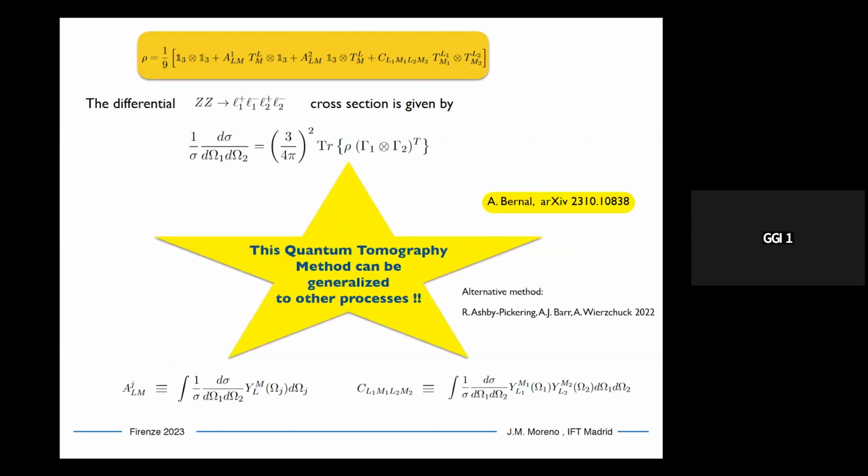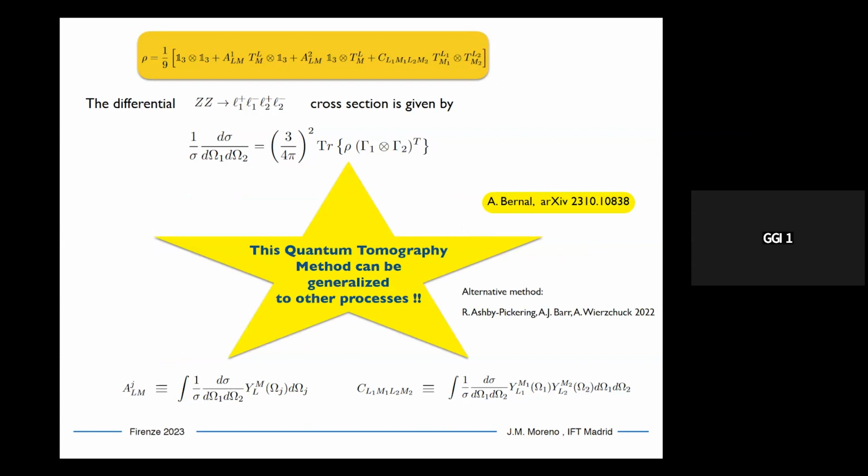In fact, this method could be very easily generalized. When I say generalized, I mean that you could do that not just for a particle that decays in two, but for two particles that came from a general scattering, for particles that have different spins, not just 1 and 1 or 1 and a half, or even for a state that is described by 3 different particles.